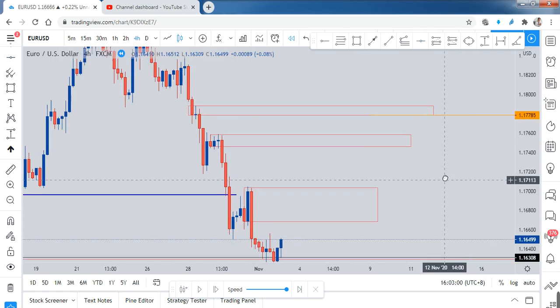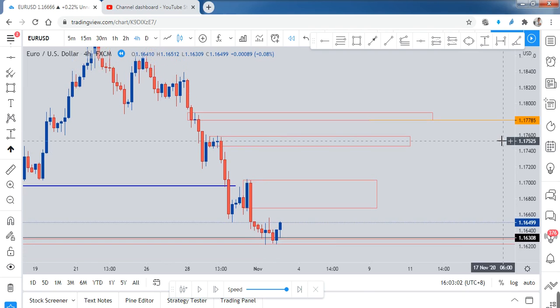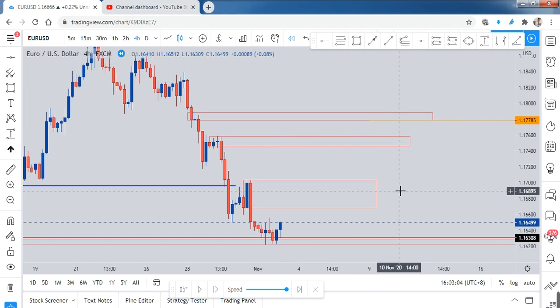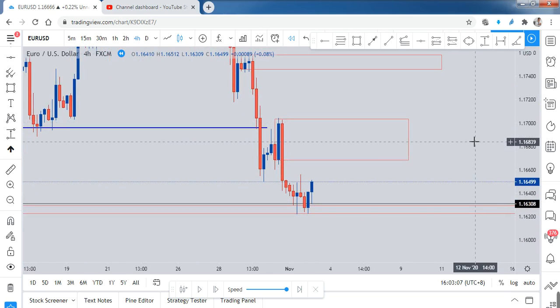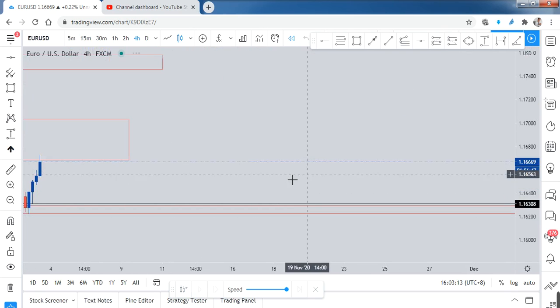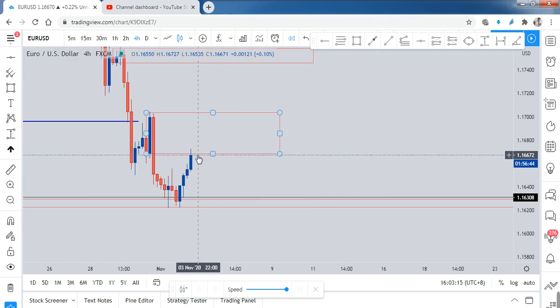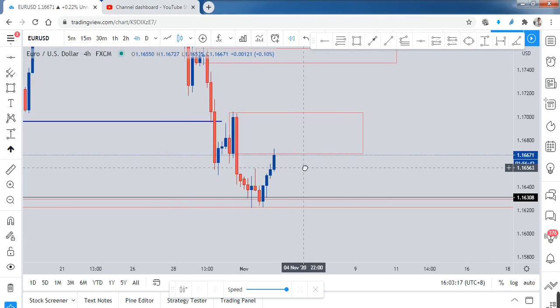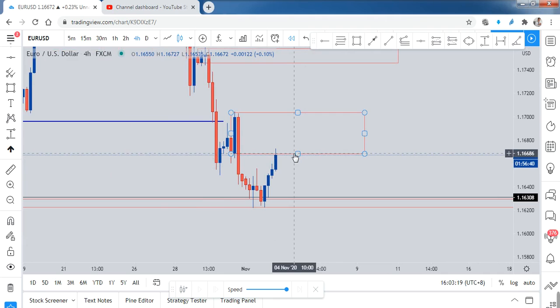But anyway, since time is running out for me because the election is coming in, I already took my profit. When the price hit this area, you can see there is a rejection right now, so I'm out of it.